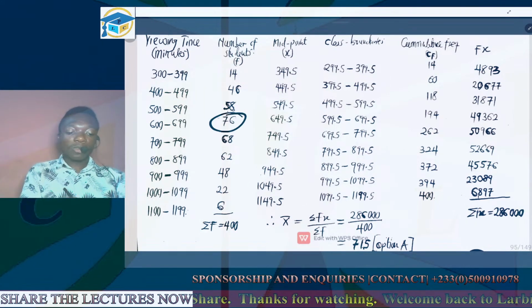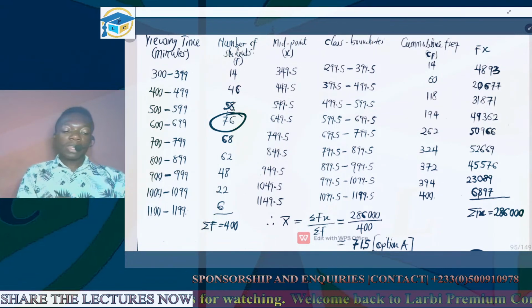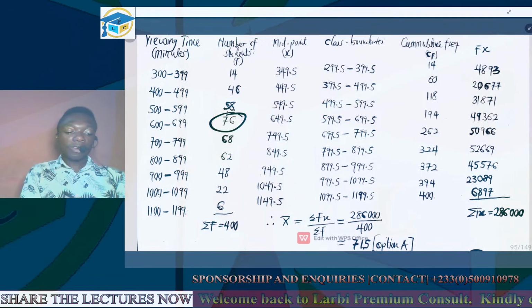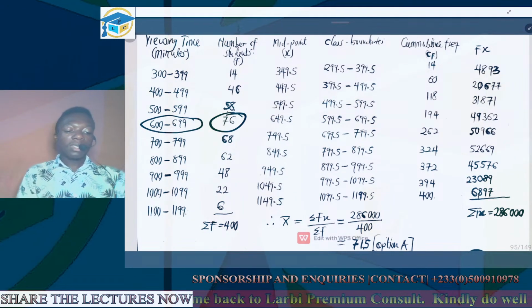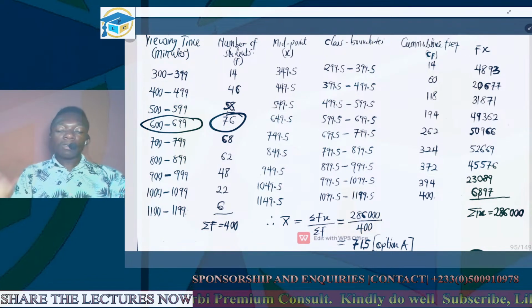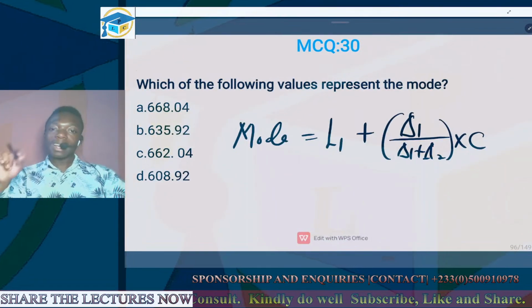So the modal frequency is 76. That means we have a class interval for the modal frequency between 600 and 699.